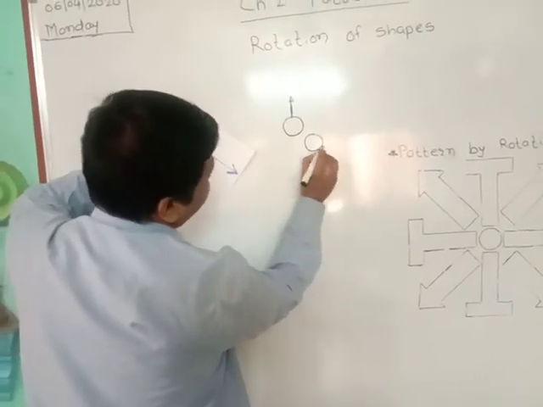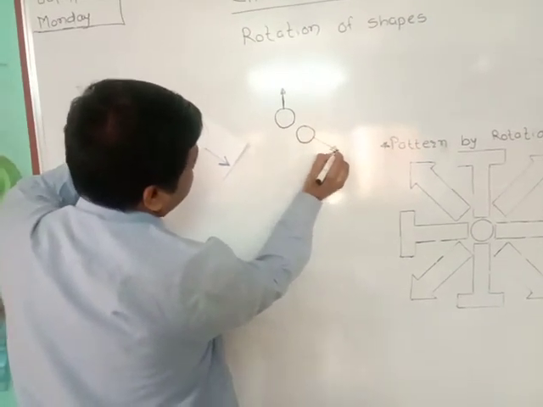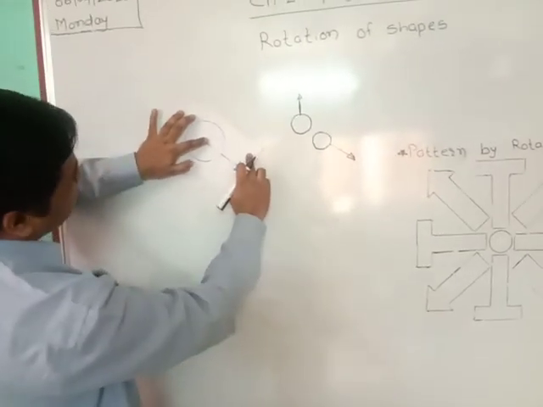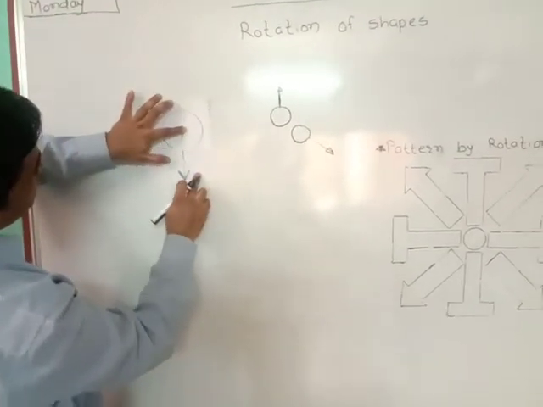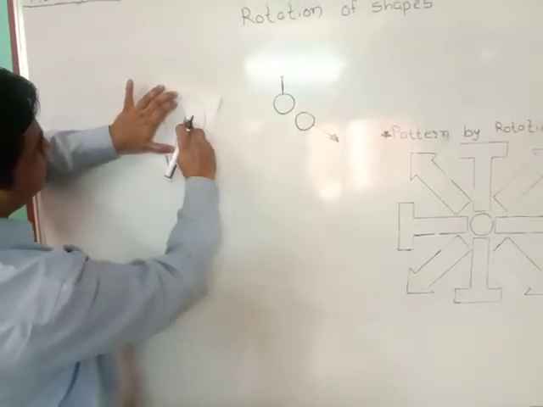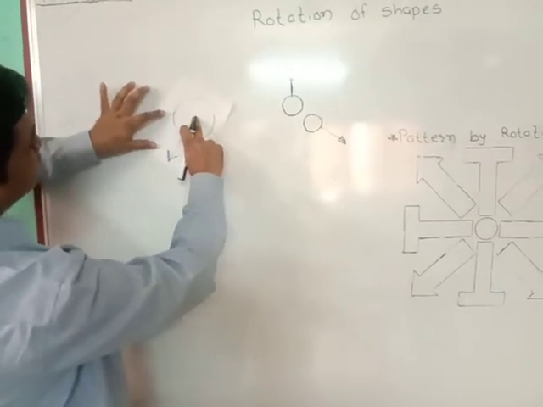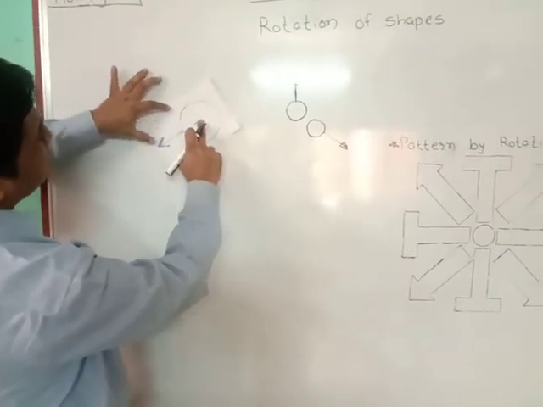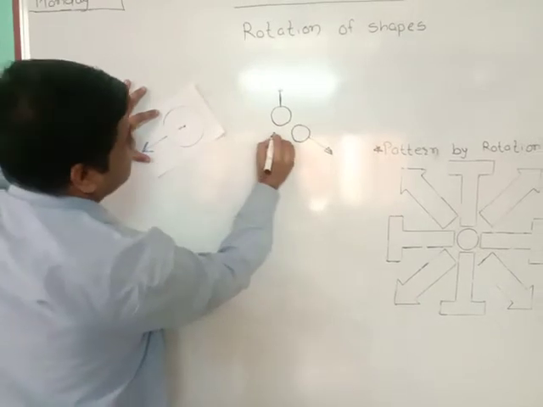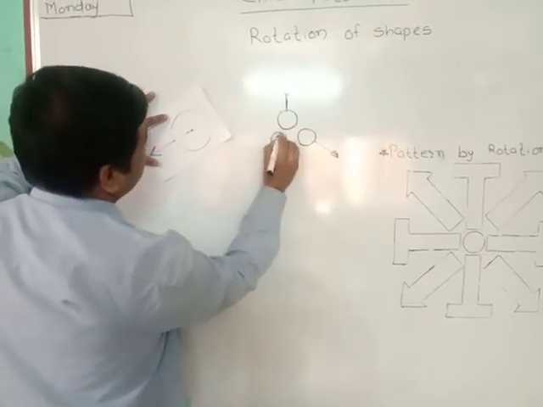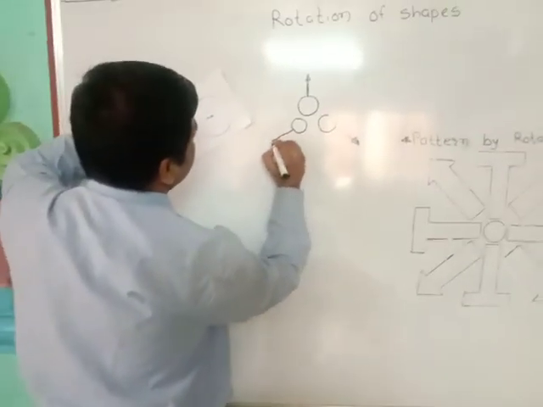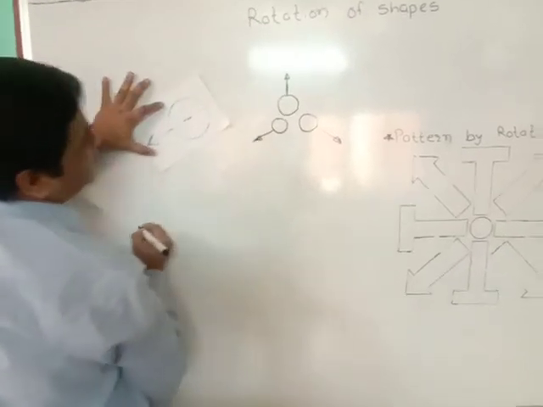The next turn will be through 1/3 of a rotation. Again, 1/3 of a rotation in the clockwise direction means from 4 we are going to 8. So this will be the required position of the arrow. Our arrow now will be pointing towards 8.